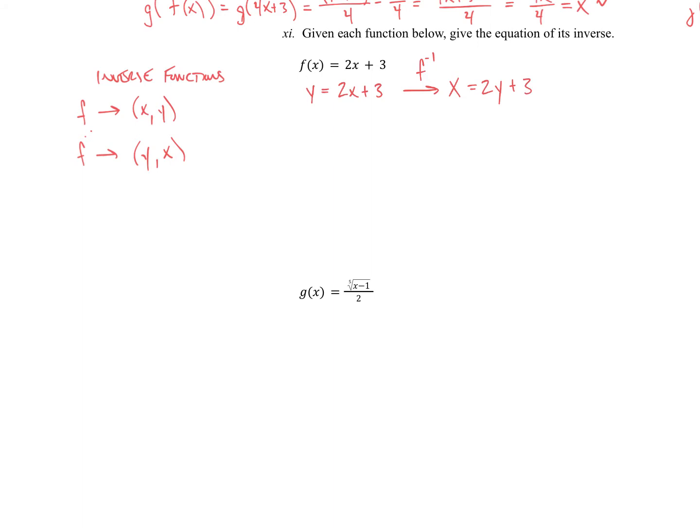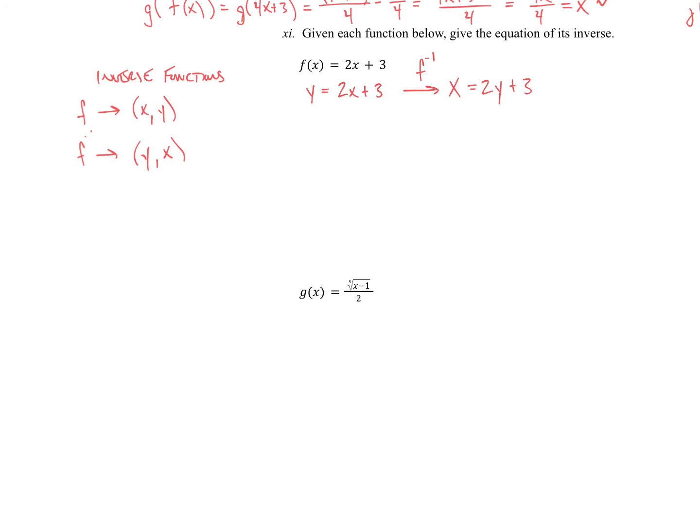And this is where we start in determining the equation of the inverse function. We say all of our inputs need to be outputs and all of our outputs need to be inputs. So let's flip our x's and our y's. But remember, when we write the equation of a function, we needed to say y equals because we want to know what our outputs would be given the inputs of x values.